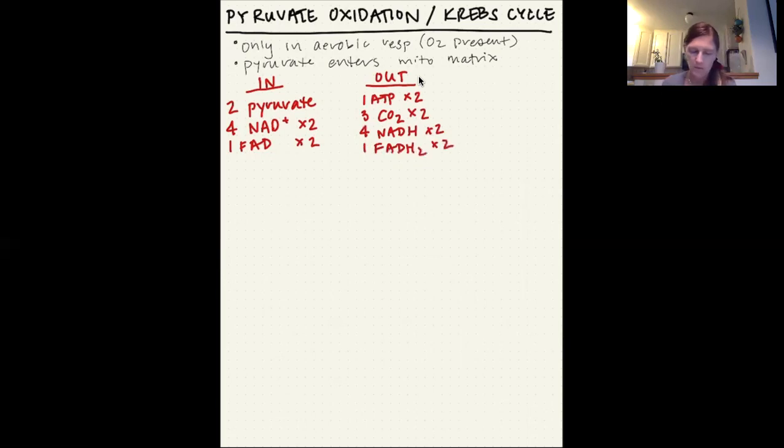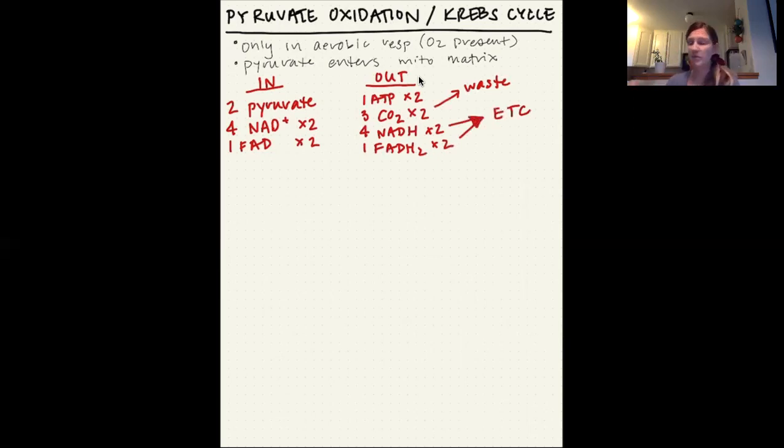All right, so those are the ins and the outs, and we're not really going to talk about a net for pyruvate oxidation and Krebs cycle. What's really important is that the carbon dioxide is going to go to waste, and the NADH and FADH2 are going to be sent over to the electron transport chain. Those are the main generators of those.